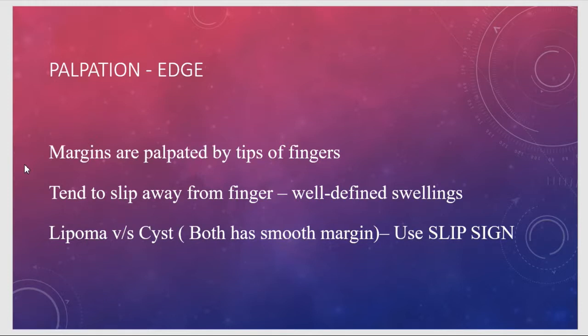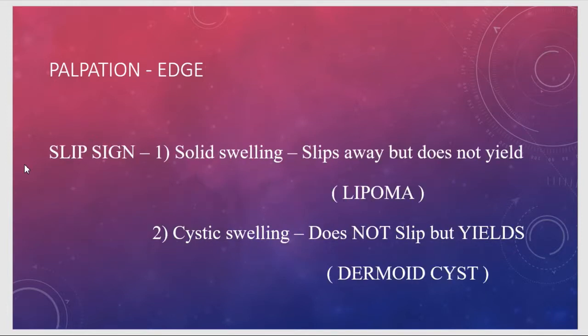Well-defined margin, usually benign swellings, tend to slip away from our finger. For example, for differentiating lipoma versus a cyst, both swellings having a smooth margin, how to differentiate? Here comes the role of slip sign. Lipoma versus cyst, slip sign. What is slip sign?